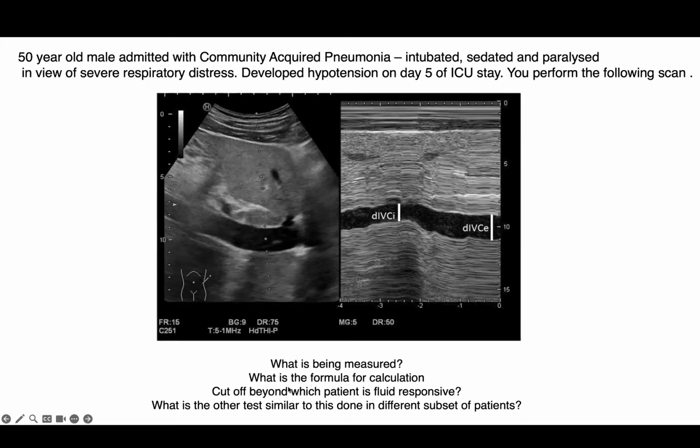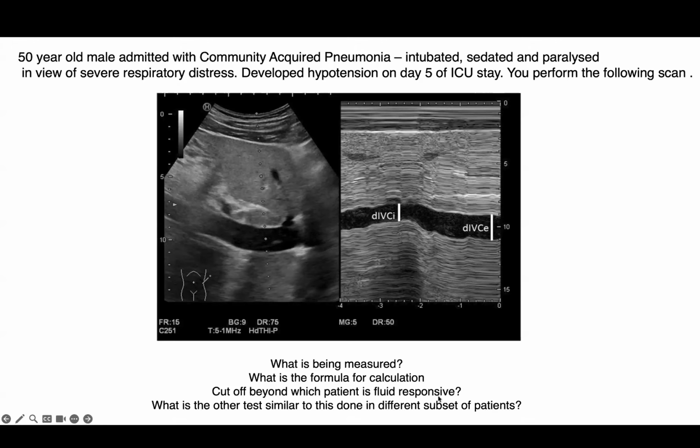The cutoff beyond which the patient is fluid responsive is more than 18% for distensibility. For collapsibility, as per a few studies it is 43%, but in most of the current recommendations, they say more than 50%. So what is the other similar test done in this different subset of patients?